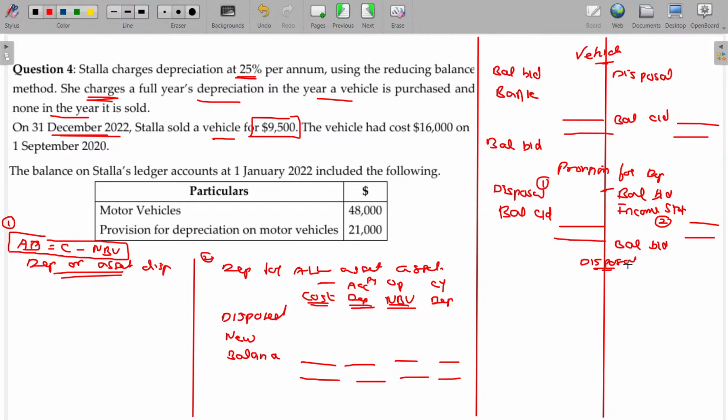In case of disposal, this original value comes here, vehicle, and here provision for depreciation. If you get any amount recovered on sale, or if it is due, the party's name will be posted. After this, you will get either profit or loss: profit on disposal, or loss on disposal. One of these two you will get.